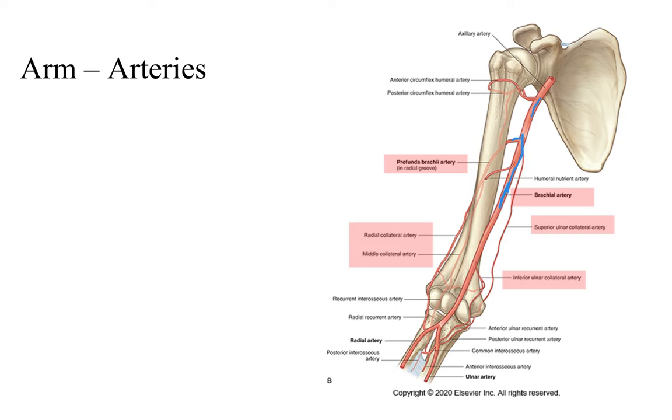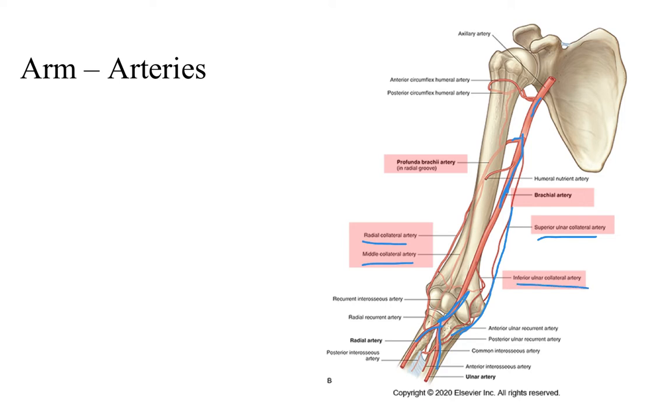Notice that there are other branches, the superior ulnar collateral artery. All right, so notice that is going to be a collateral artery along with the ulnar artery when the brachial artery branches just distal to the cubital fossa into the ulnar and radial arteries. So to that end, you're also going to have the radial collateral artery, the middle collateral artery, and the inferior ulnar collateral artery.